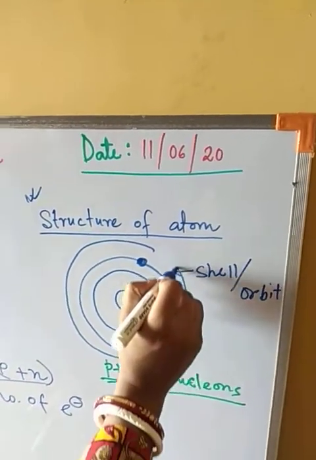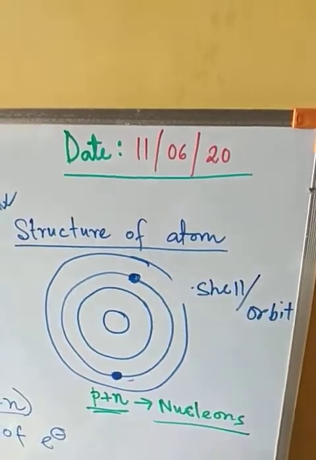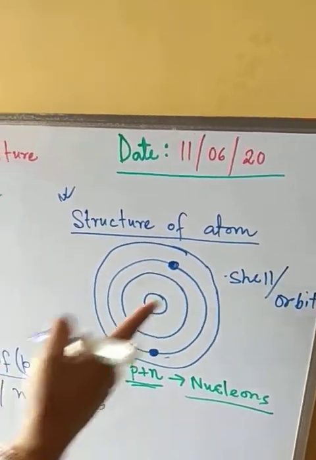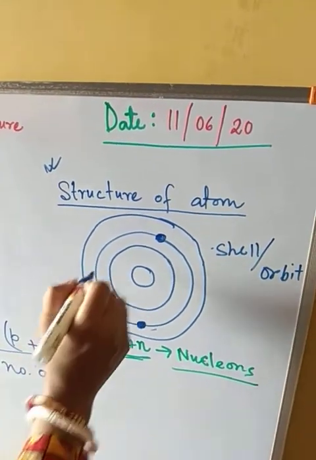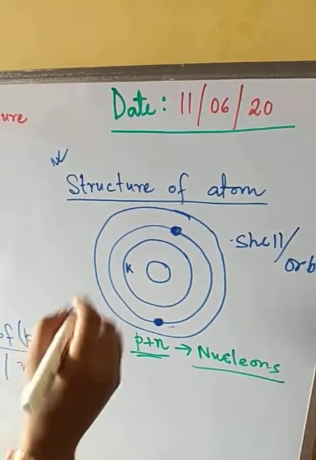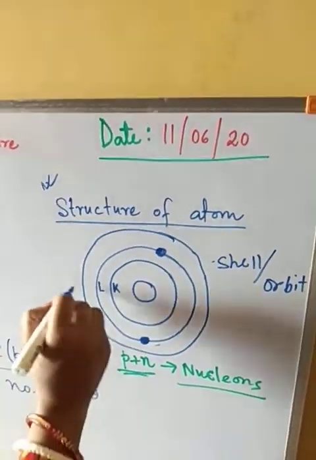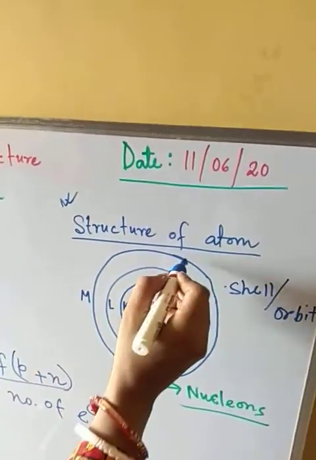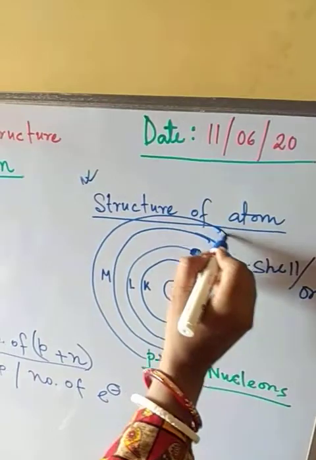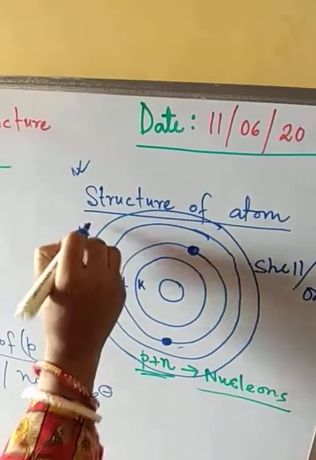These are the shells or orbits, as we have done already. Now these shells or orbits can be given different names. The first shell will be represented by K, the next one is L, then M, and the next shell is N.